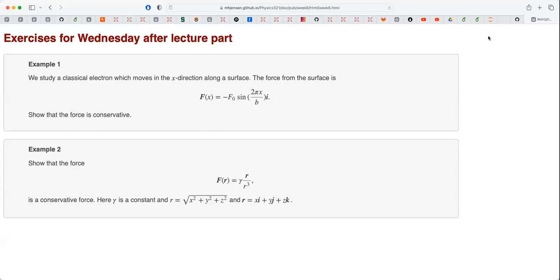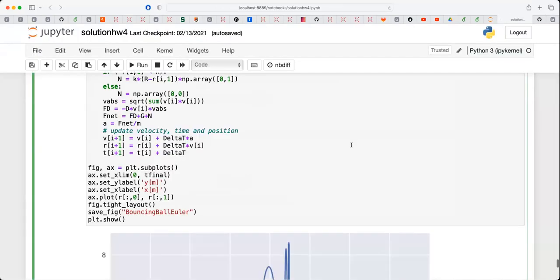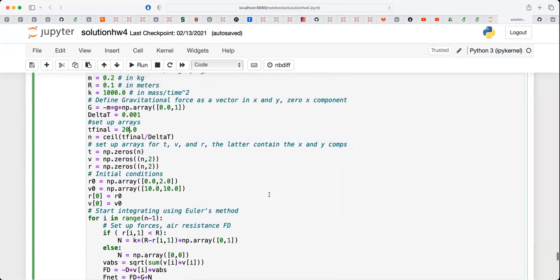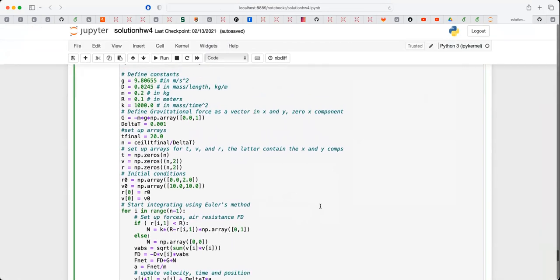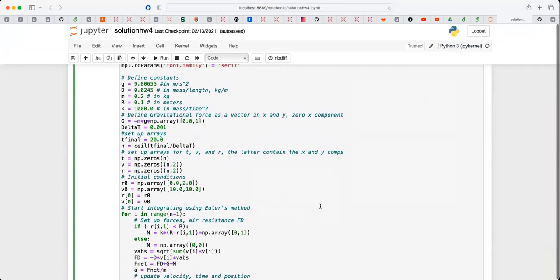I'm going to show you the Jupyter notebook for this specific exercise. I'm going to shrink down the fonts a little bit so we can squeeze it into a screen like this. Can everybody see properly in the audience here? Can you see well?